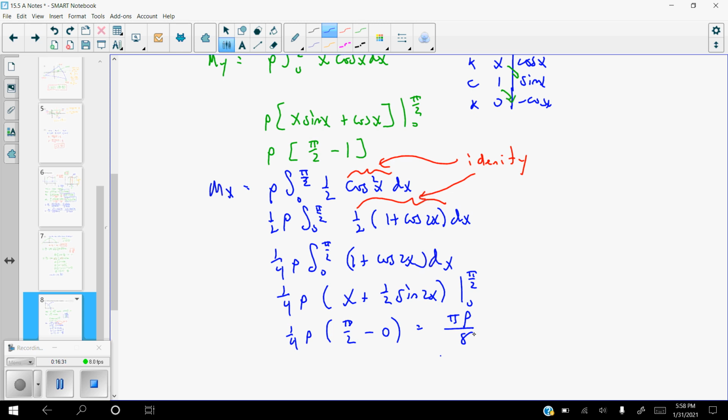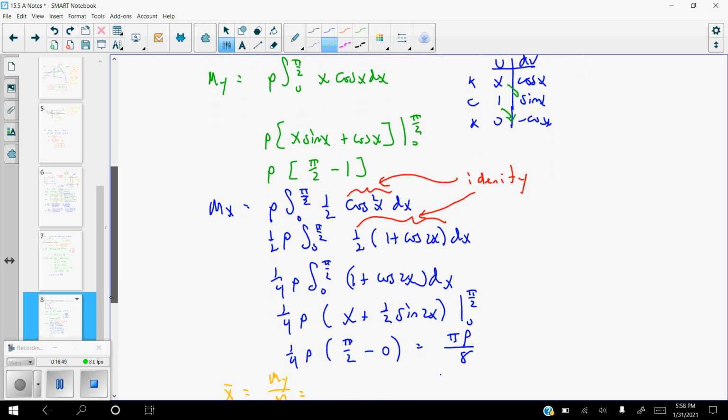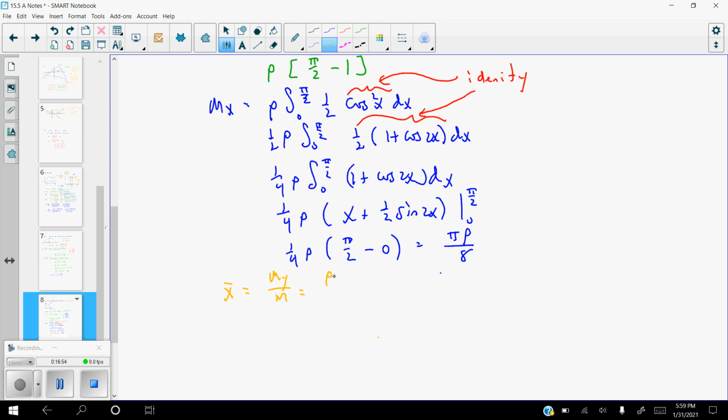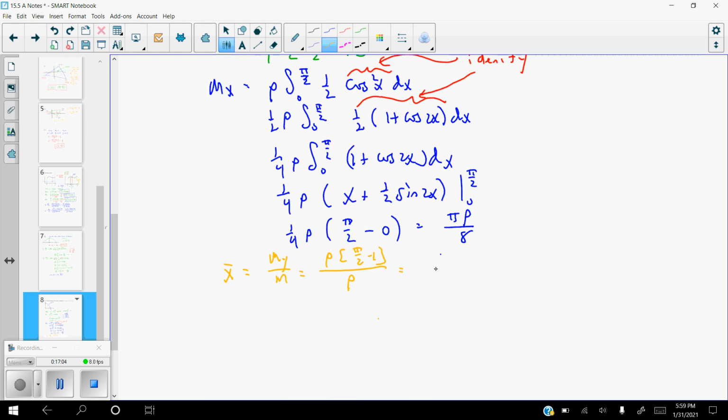Now we're trying to find x bar and y bar, which is just division of each one of those moments by the mass. So x bar is going to be the moment of y divided by the mass. The moment of y, going to go all the way back up, was rho times pi halves minus 1, divided by the mass, which I think was just rho in this case. Yep, it was just rho, which is really nice. So that means pi halves minus 1 is x bar.